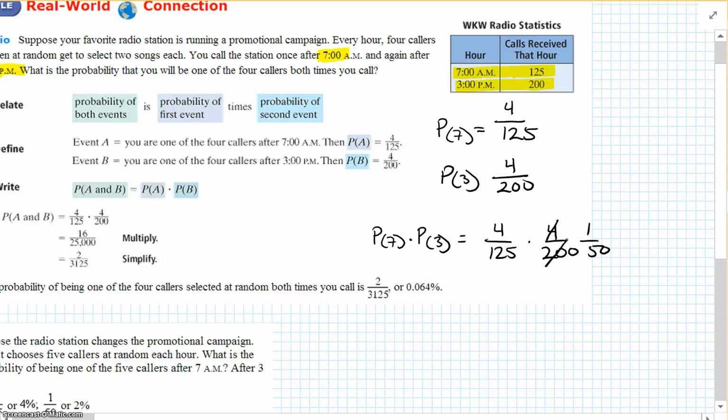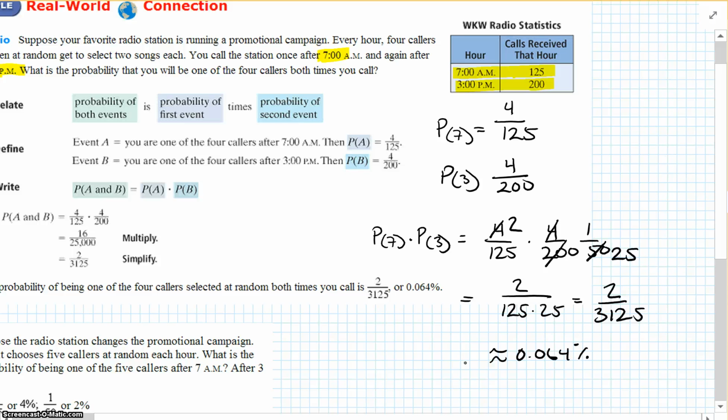All right. And 4 can simplify to 2, and 50 can be 25. So now I have 2 over 125 times 25, which would be 2 over 3125, which is 0.064%.